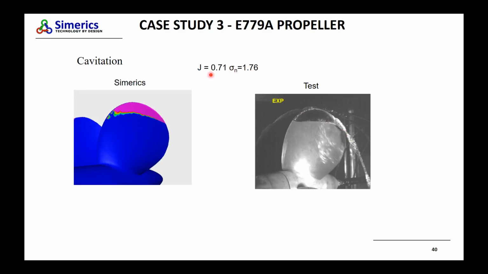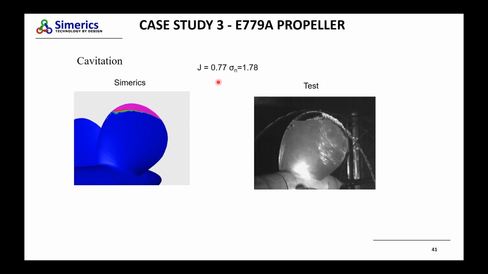And for this J 0.71 and sigma 1.76, we can see that the bubble looks quite similar to what they captured in the test video. As you keep increasing the J number, as well as the sigma, you can see the bubble starts to reduce in size. That's true in the test as well as the simulation, and the size and the nature of it looks quite identical.